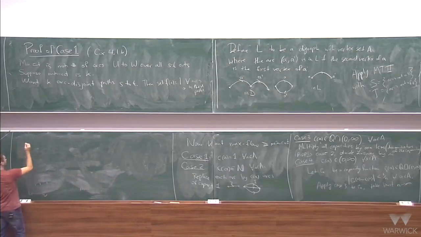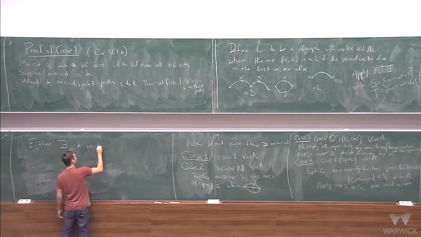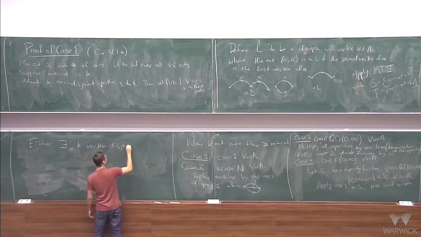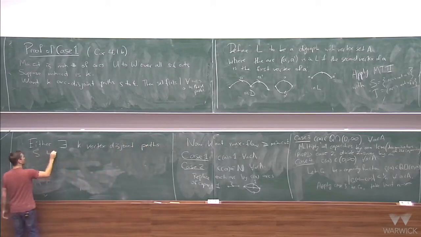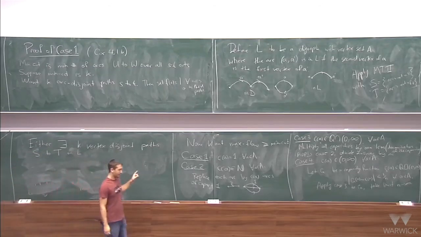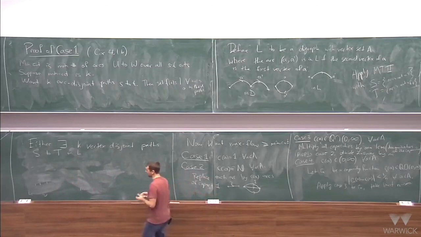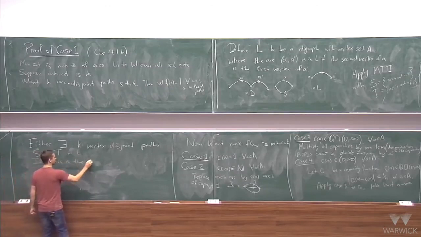What it tells us is that either there exist k vertex disjoint paths from capital S to capital T in L. We're applying Menger's theorem inside of L. If this is the case, you take the vertices of these paths.